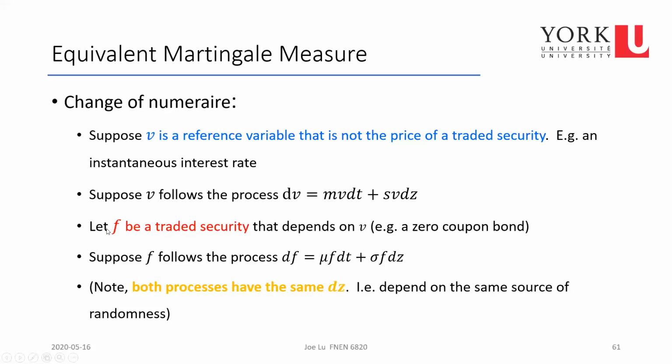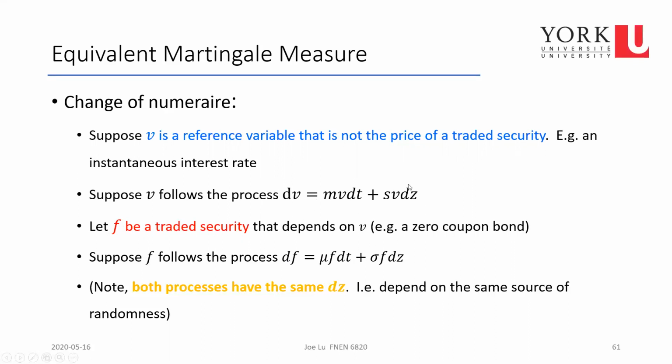Now, if you have F, which is the price of an asset that follows a process like this, and V, which is the value of something, not a price, that follows this process here, and we know F is a function of V, okay?